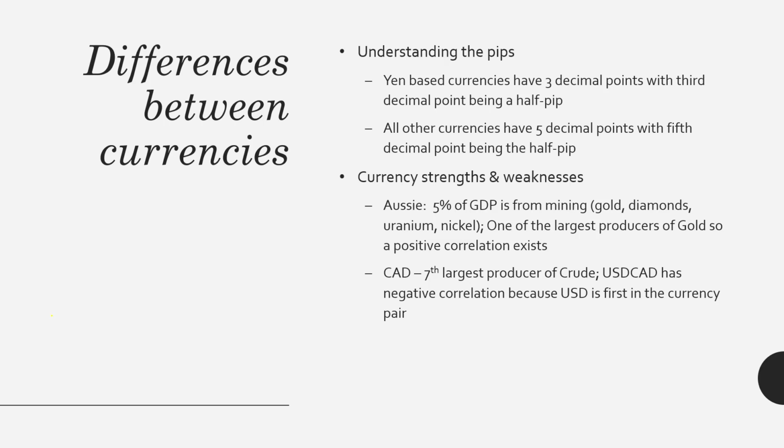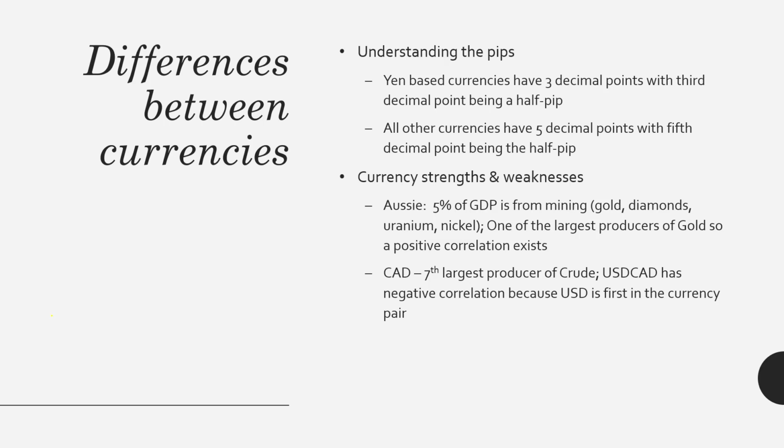Now, you also need to recognize the currency's strengths, weaknesses, and correlations. For example, for the Aussie, 5% of their GDP is from mining: gold, diamonds, uranium, nickel. It is one of the largest producers of gold, so you have a positive correlation between the Aussie and gold. In other words, if gold is going up, more than likely the Aussie will also be going up.